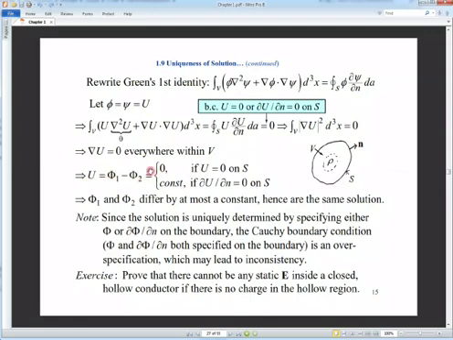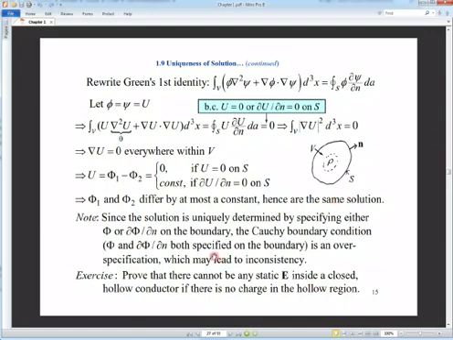This u is equal to 0 if u is equal to 0 on the surface, or is equal to a constant because the derivative of u is equal to 0. So u must be 0 or constant on the surface. Phi 1 and phi 2 differ by at most a constant, hence are the same solution.